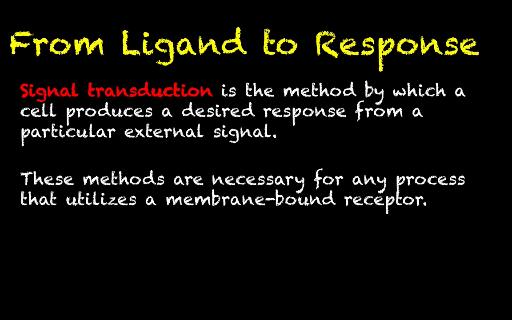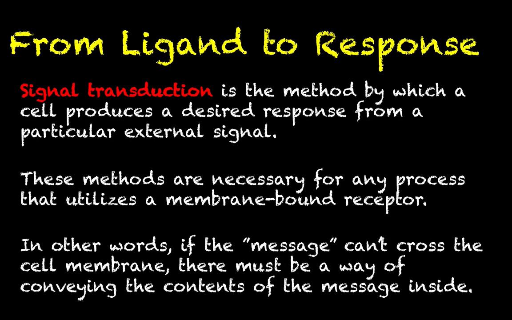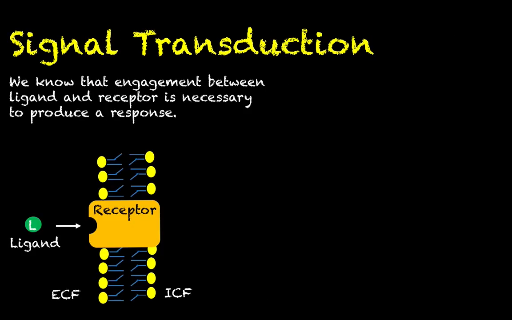So we have to have a methodology for imparting the contents of that message across the membrane. We have to make sure all the machinery inside the cell gets the message, and that is what signal transduction is all about. So, like I said, if the message can't cross the cell membrane, there has to be a way of conveying the contents of that message to everything that is inside.